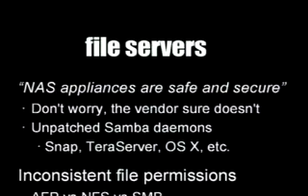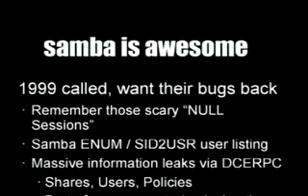There's inconsistent file permissions for different protocols. Samba is awesome. 1999 called, and they want their bugs back. If you're really old school, you might remember the SMB null session problems where you could enumerate users, shares, policies, all kinds of stuff like that.